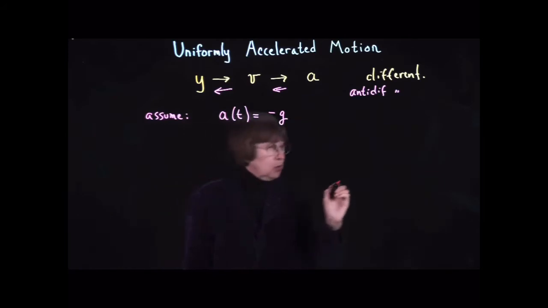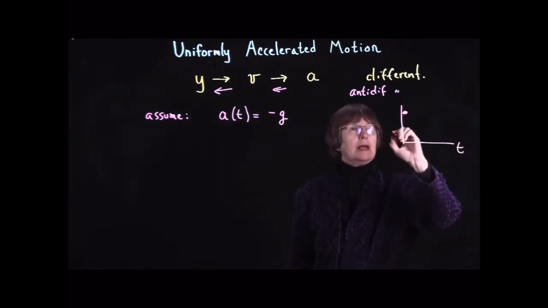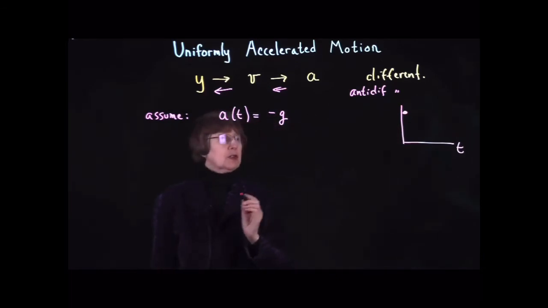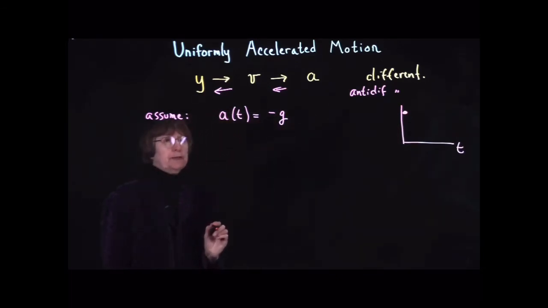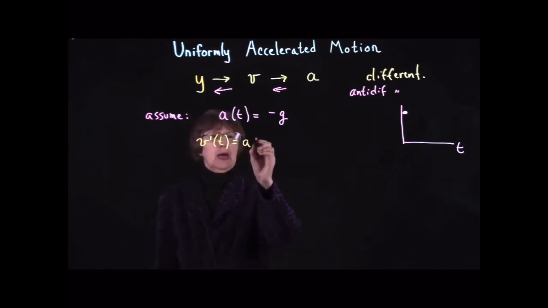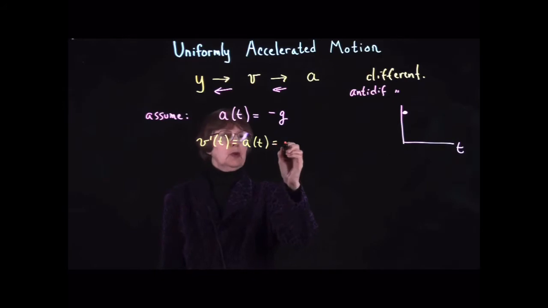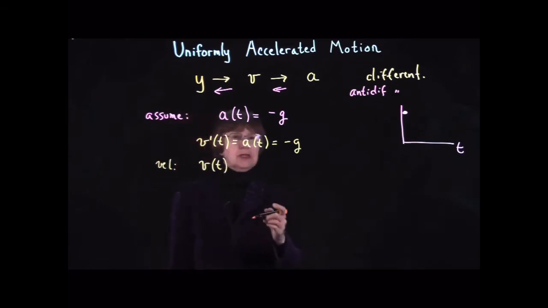In other words, we're going to be thinking of a ball that's falling under the force of gravity and accelerating at that uniform rate. The derivative of the velocity, which recall is the same as the acceleration, is equal to minus g. From that, we can deduce something about the velocity itself. Now, let's think for a minute.